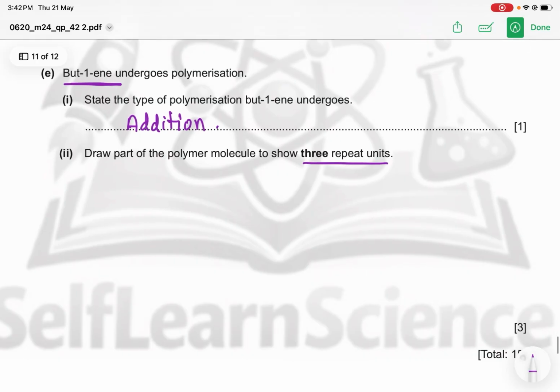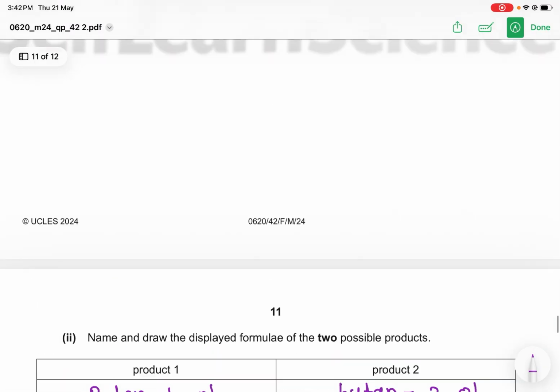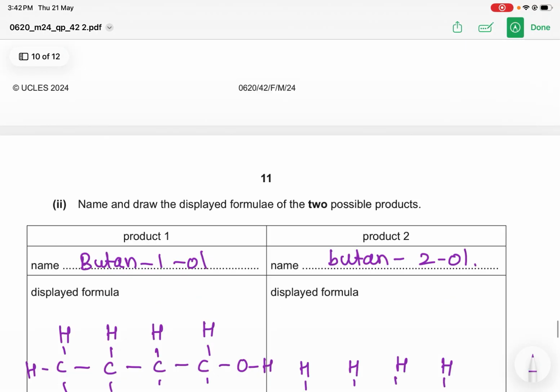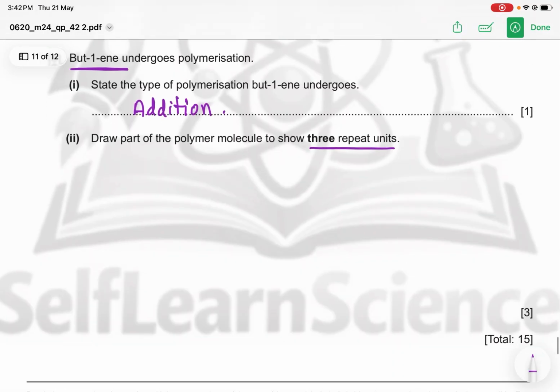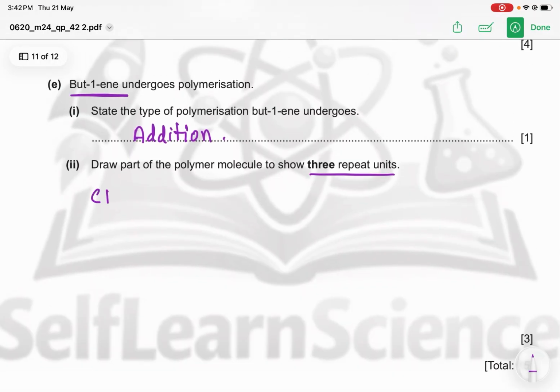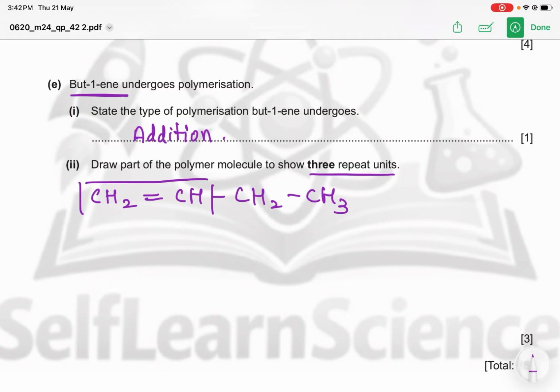For that, first of all, we need to rearrange but-1-ene in its monomer form. We have already drawn the structure of but-1-ene here. Let me draw it once again, which is CH2 double bond CH, single bond CH2 and CH3. We have to remember that polymerization always happens at the carbon-carbon double bond.